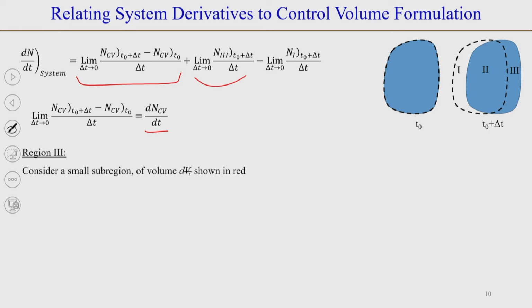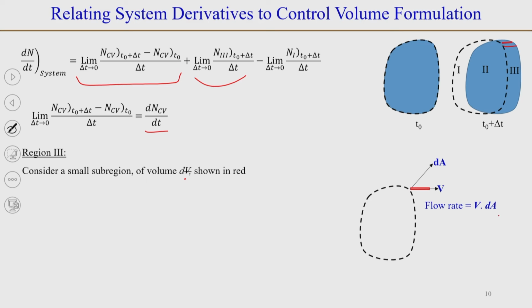If we take a small sub region as shown here in the red, and the volume of this sub region is dV, that basically represents what fluid has gone out.